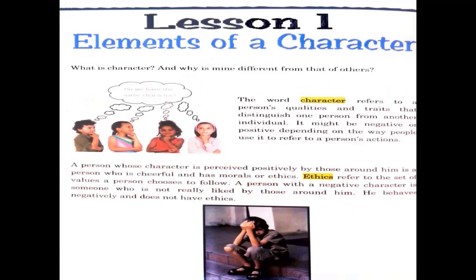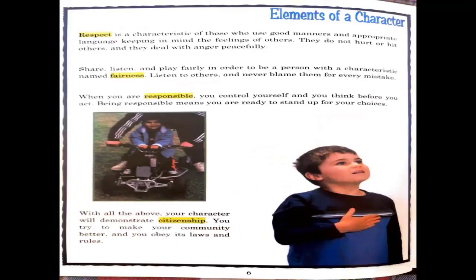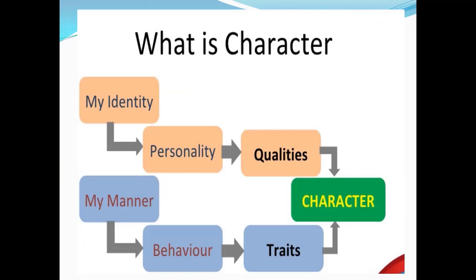In lesson 1, elements of character, we can say what a character is and how a person's character will differ from another, and we will also talk about moral values and the different elements of moral values. So let's see about the character.